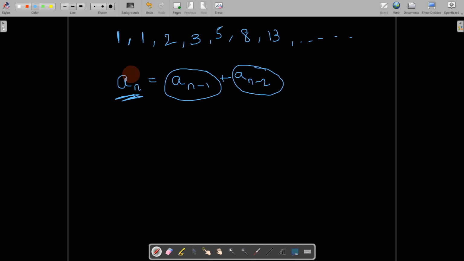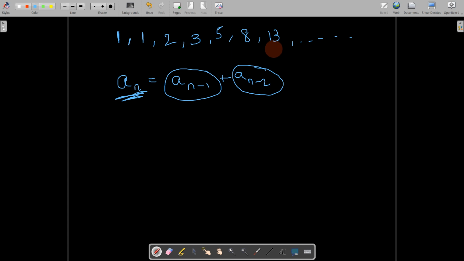So this is the recurrence relation: getting the solution for a bigger input size using the answers calculated for smaller problems.